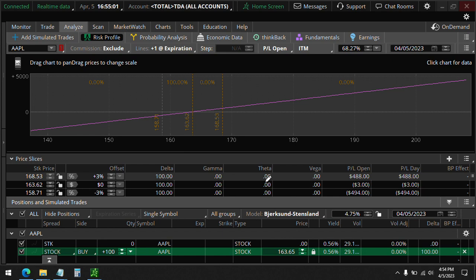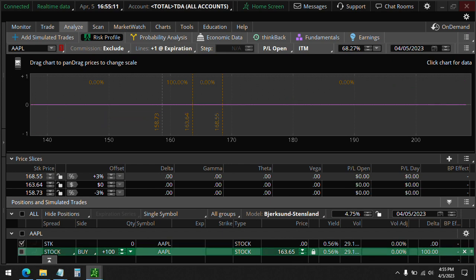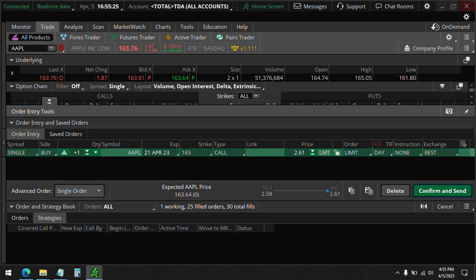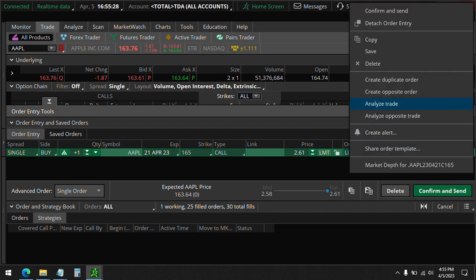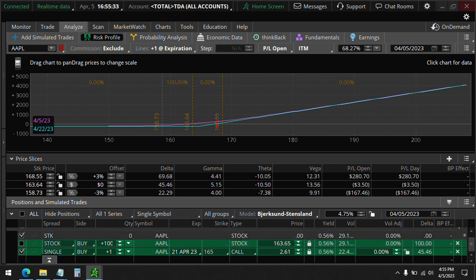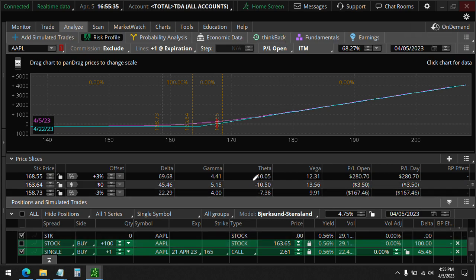This theta decay is very relevant, because if you buy options, that's when things are going to be different. For example, say we get an option that is 16 days away, on April 21, and today's April 5. Let's say we get the 165 call options and we analyze this. You'll see there is a theta decay now.